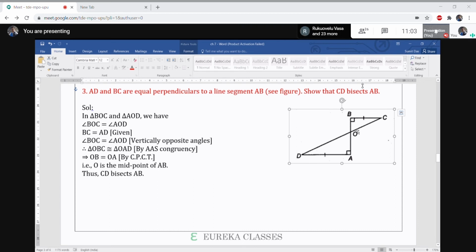This is page number 130. So you can see AB is the line, and AD and BC are perpendicular to this line AB. Show that CD bisects AB at O. That's what we have to prove.